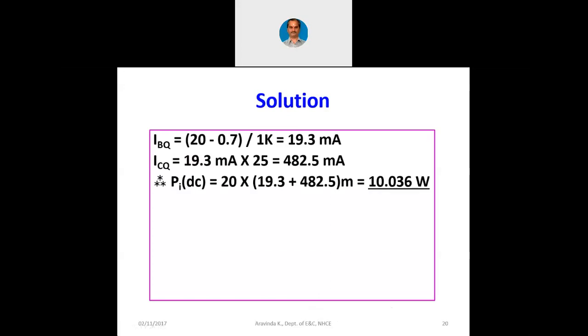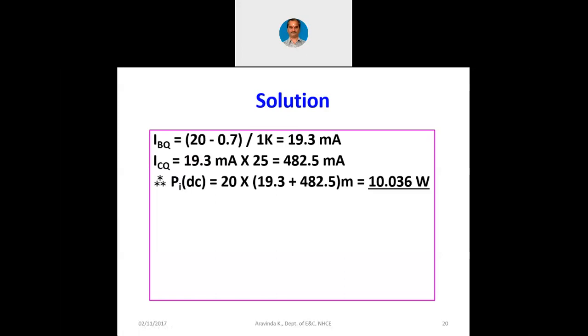So now input DC current in this case is 20 into (19.3 plus 482.5). Let us consider both IB and IC because we cannot ignore the base current in power amplifiers. In the first module we had seen the base current used to be always in microamperes.